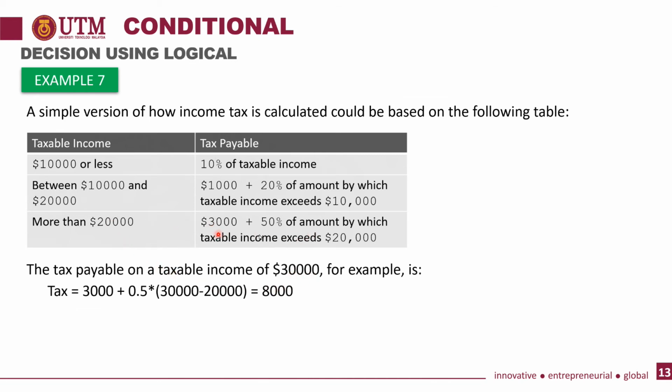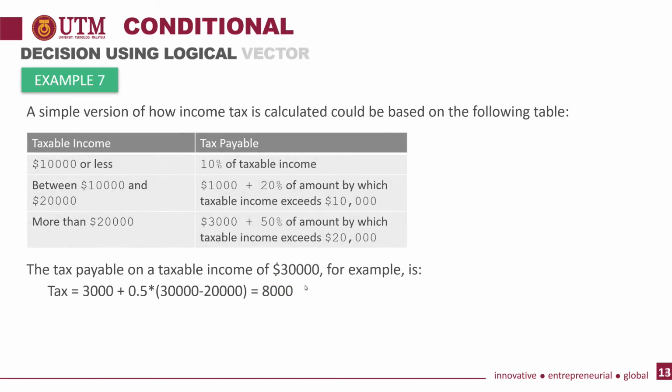So you make it 3,000 plus 0.5, which is 50%, multiplied by the amount by which taxable income exceeds 20,000. We need to find the difference: 30,000 minus 20,000 equals 10,000. So 3,000 plus 0.5 multiplied by 10,000 ringgit becomes 8,000 ringgit. So your tax payable is $8,000.